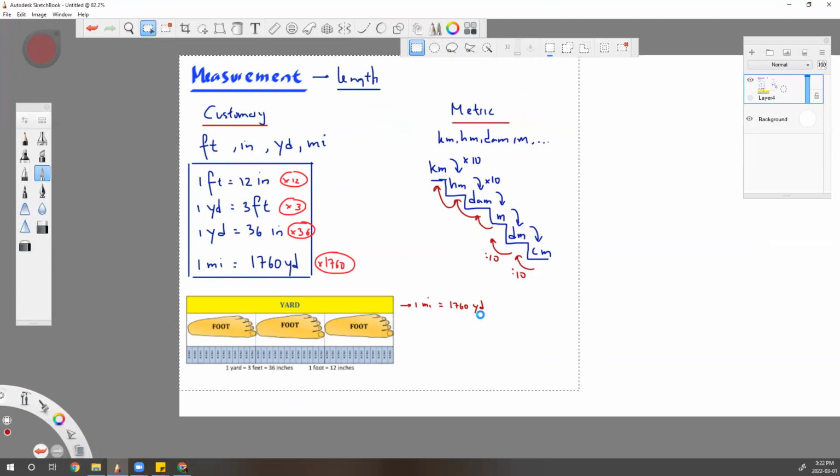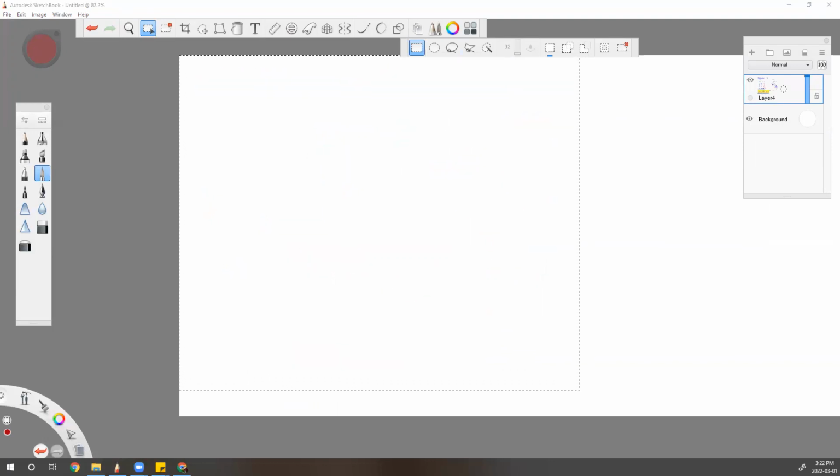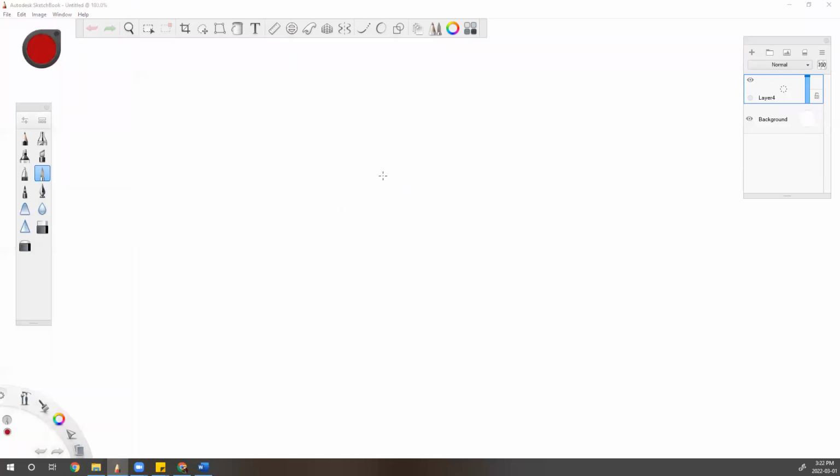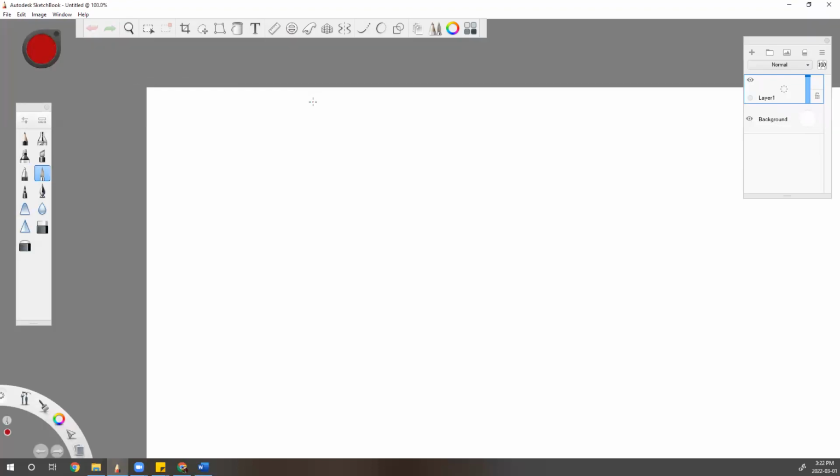No? Okay, nice. So let's go to the other part: the perimeter and the area of two-dimensional shapes. You learn square, rectangle, and circle.